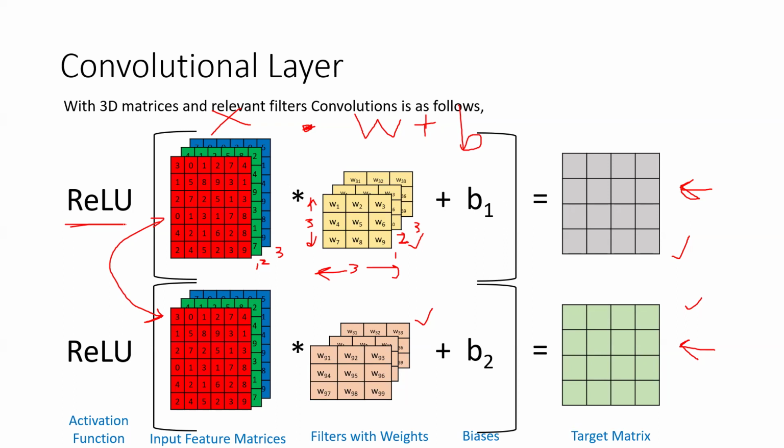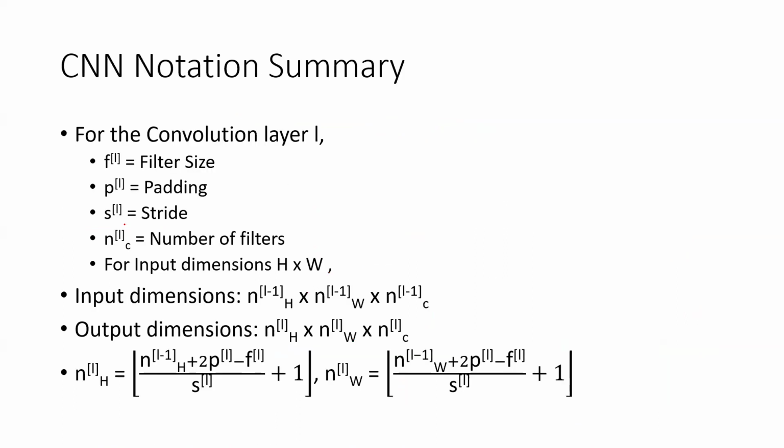Okay, now let's move into the notation summary that you have to remember. This is not something new actually. These are the things that we discussed last week as well.